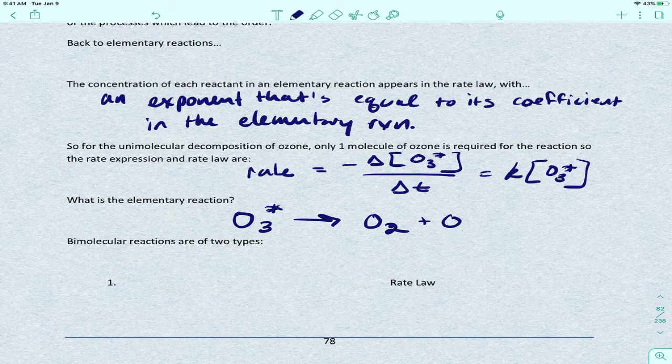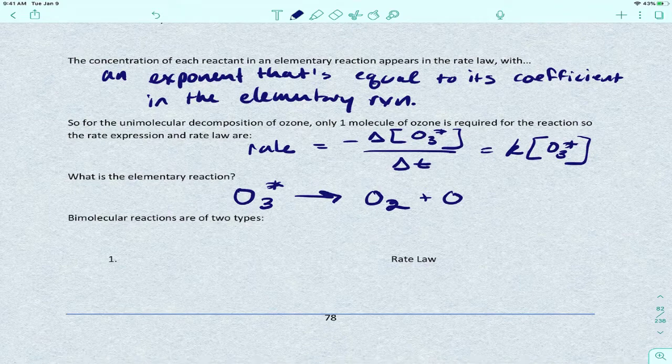All right. So that's unimolecular. Now, bimolecular reactions have two types.